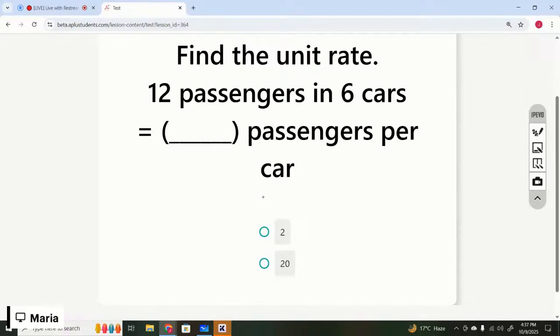Find the unit rate, 12 passengers in 6 cars.